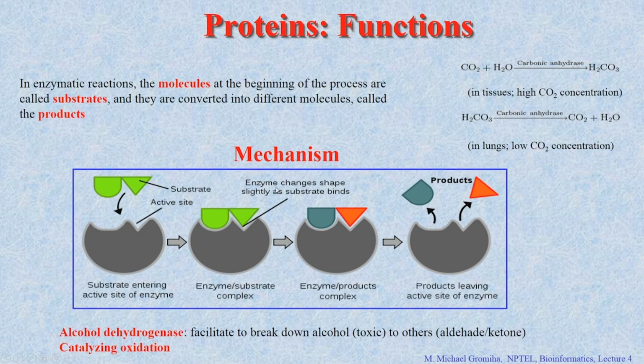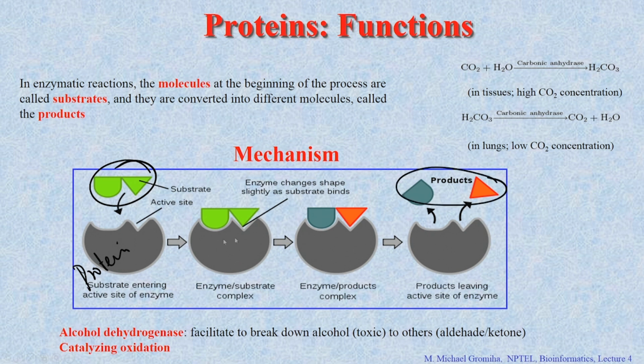In enzymatic reactions, the molecules at the beginning of the process are called substrates. Here you can see the molecules at the beginning of the process are called substrates, and this is the protein. The ones which are converted into different molecules are called products. You can see the products here.